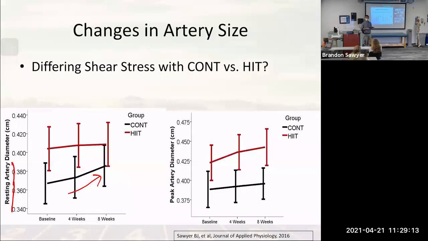And that's called a structural adaptation, versus the other one where they just get better at dilating, which would be more of a functional adaptation. So both adaptations were good. It was just an interesting finding in the study that we saw continuous lead to the structural adaptation and HIT lead to the functional adaptation. So yeah. Any questions on that?